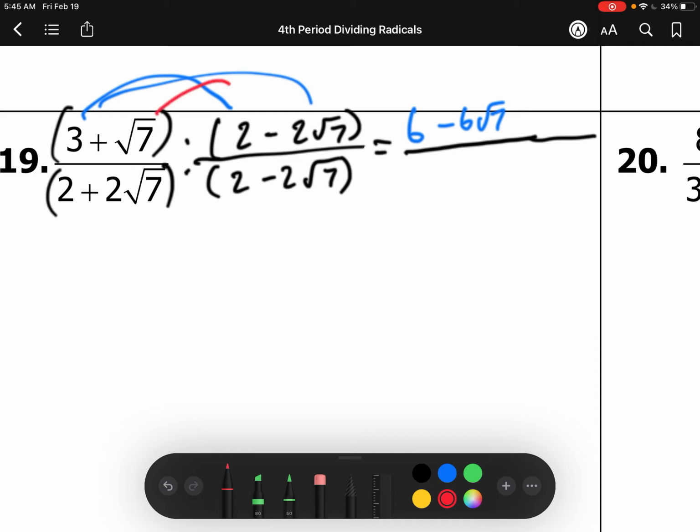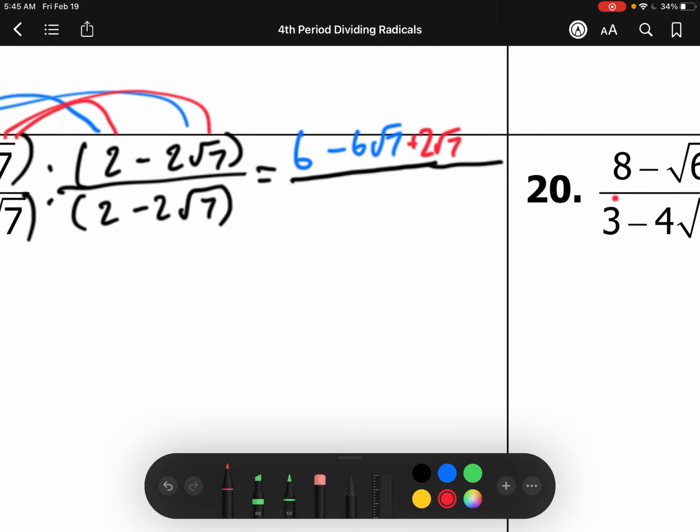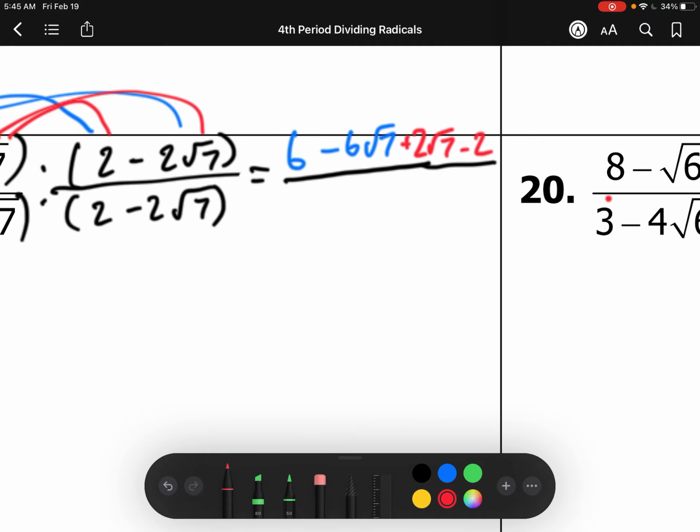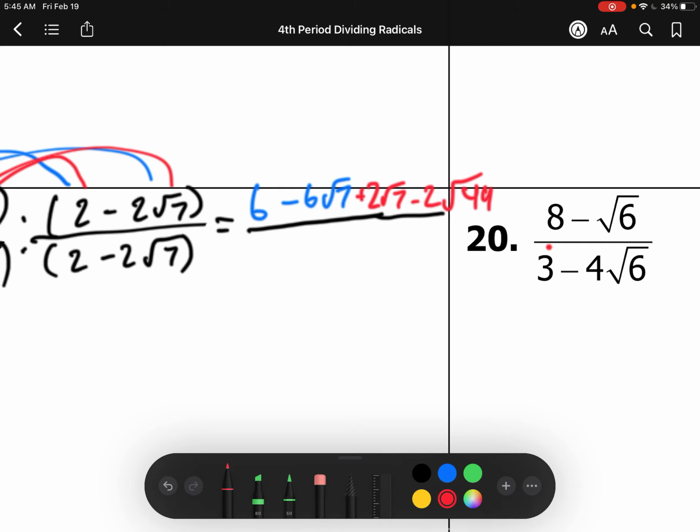Now we have the square root of 7 times 2, which is plus 2 times the square root of 7. And the square root of 7 times negative 2 times the square root of 7 is negative 2 times the square root of 7 times 7, which is 49, so square root of 49.